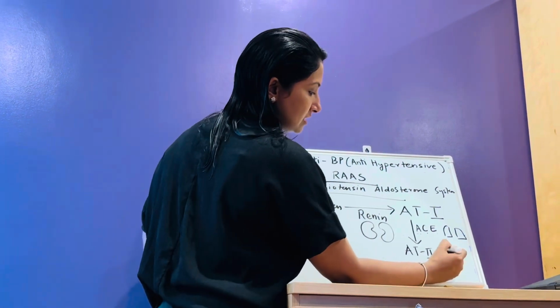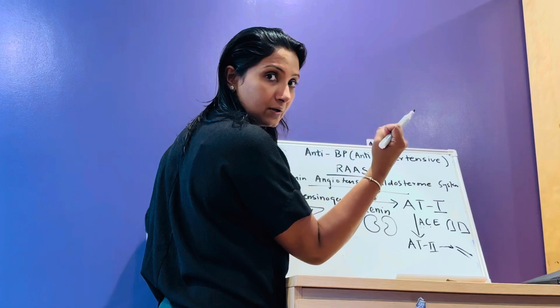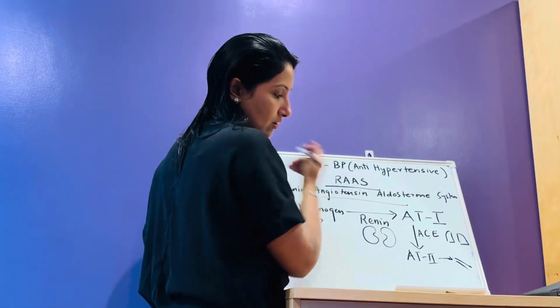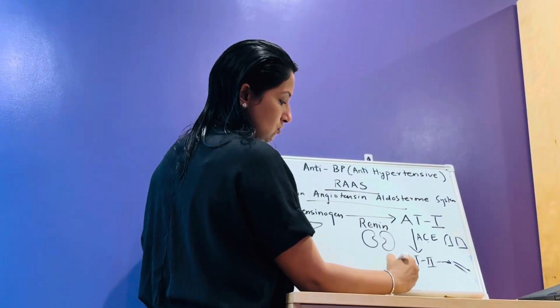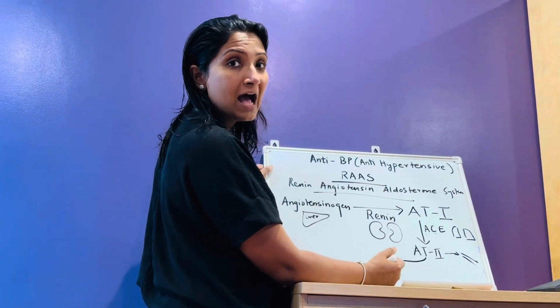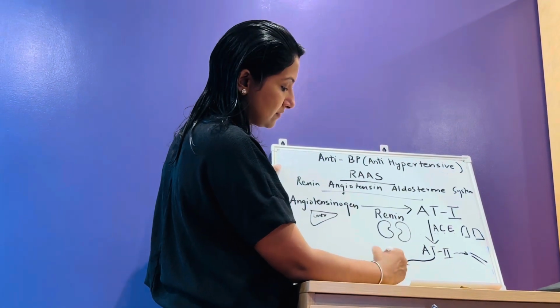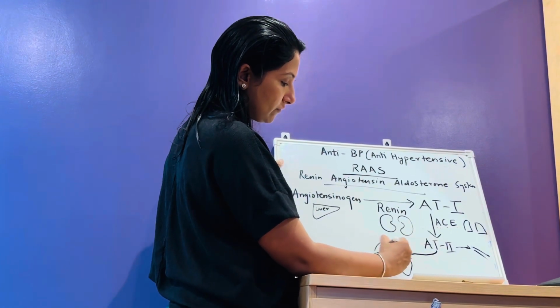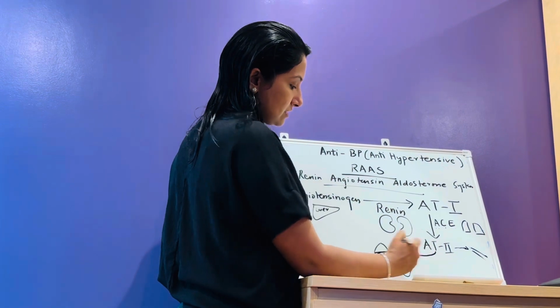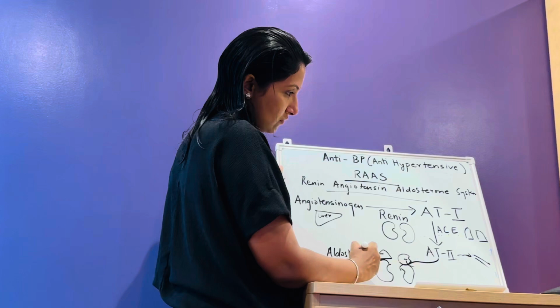Now angiotensin 2 has the property of causing vasoconstriction. Okay, and therefore it helps in maintaining blood pressure. Angiotensin 2 further will cause the release of aldosterone hormone from the adrenals. Where are the adrenals? The adrenals are on top of the kidneys. And what does aldosterone do?